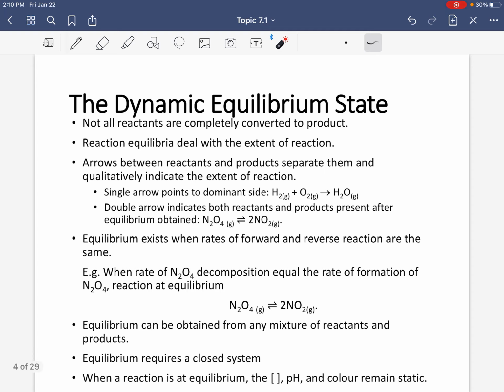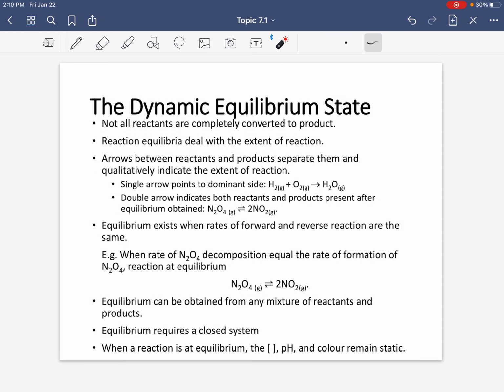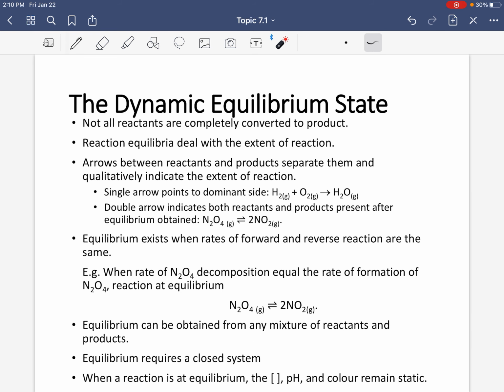So I have a little example right here where N2O4 decomposes at the same rate as NO2 is being formed. At the same time, this being formed is equal to this being decomposed. Same idea.